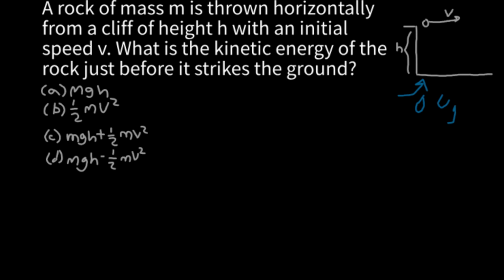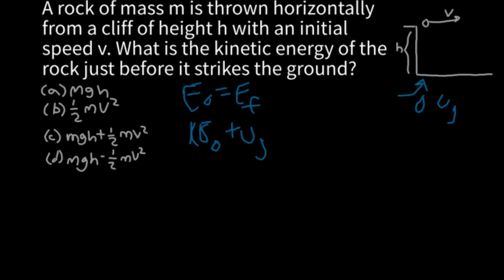Alright, so we know that our energy initial equals our energy final. We know our initial energy involves kinetic, and the rock is above our 0 line, so we have potential.